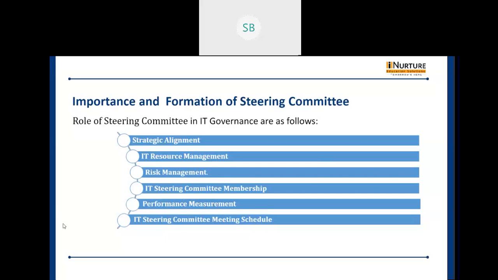So that is strategic alignment, IT resource management, risk management, IT steering committee membership, performance management, and IT steering committee meeting schedule. I told you this yesterday; it is very important for any committee to have meetings. A strategic meeting is conducted at least once in a year.